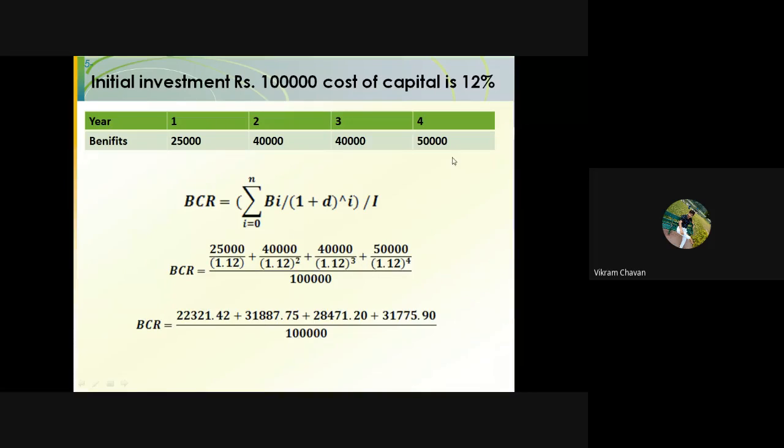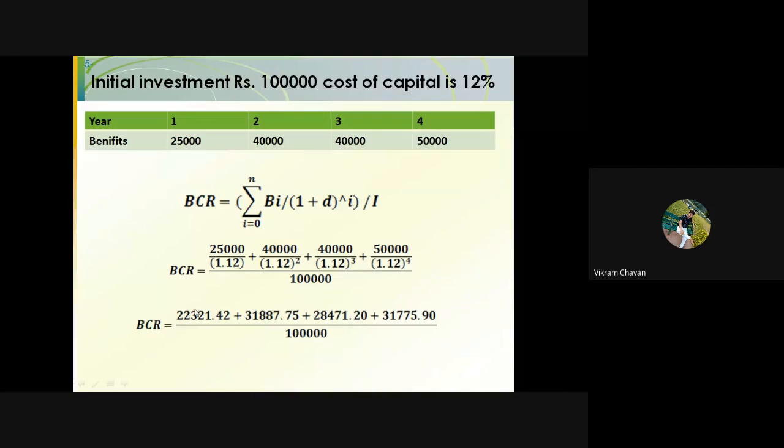Plus for the fourth year 50,000 divided by 1.12 raised to 4, whole divided by the investment, 1 lakh. Now you have to calculate these present values, and then divide by 1 lakh rupees. Whatever value we get, we have to divide by the cost, or the investment, that is 1 lakh. Then we will get the BCR.